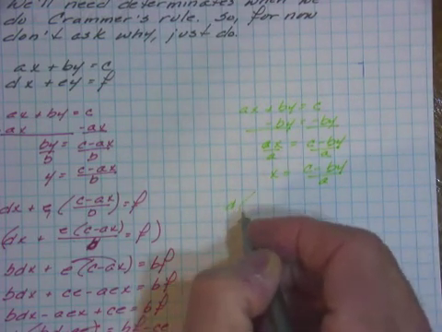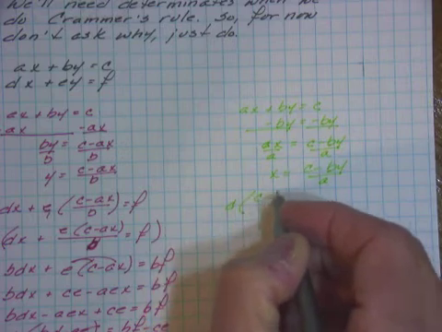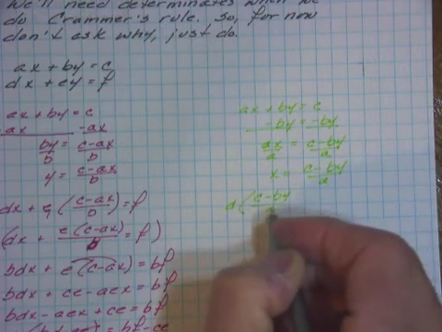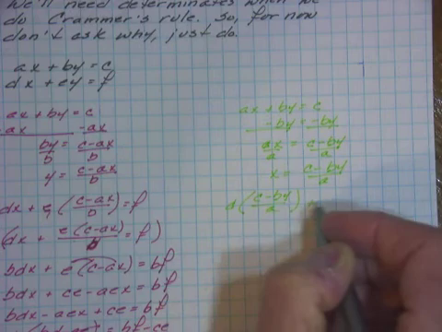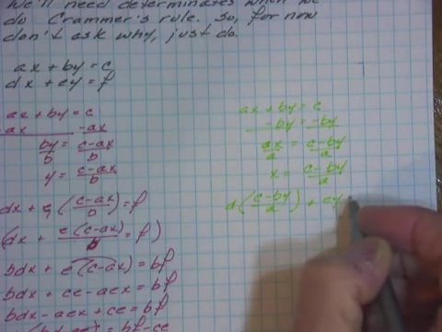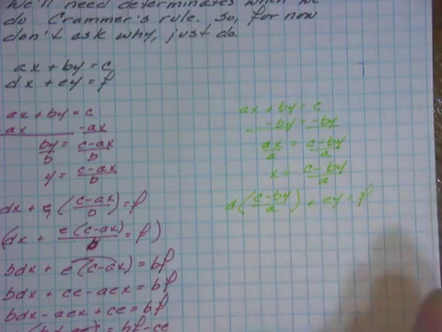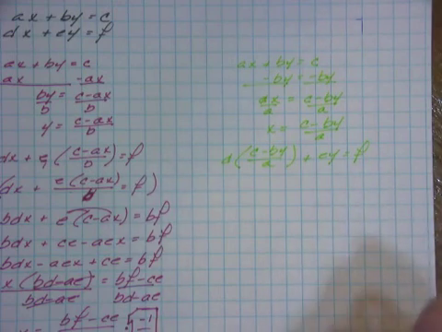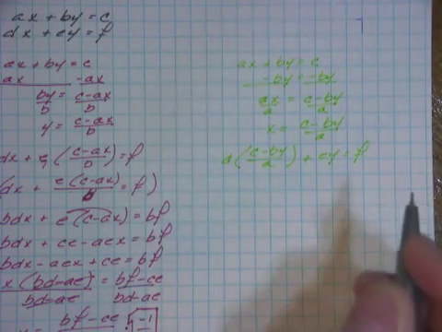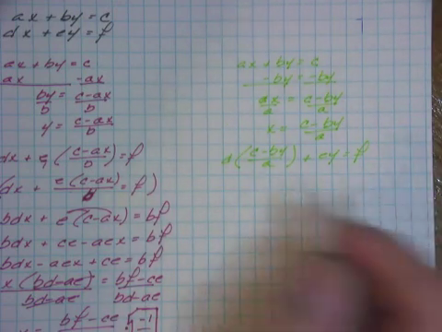Now I'm going to take that and plug it into the second equation up here for x. So now I've got d times, take out the x and put in c minus by over a, plus ey equals f.